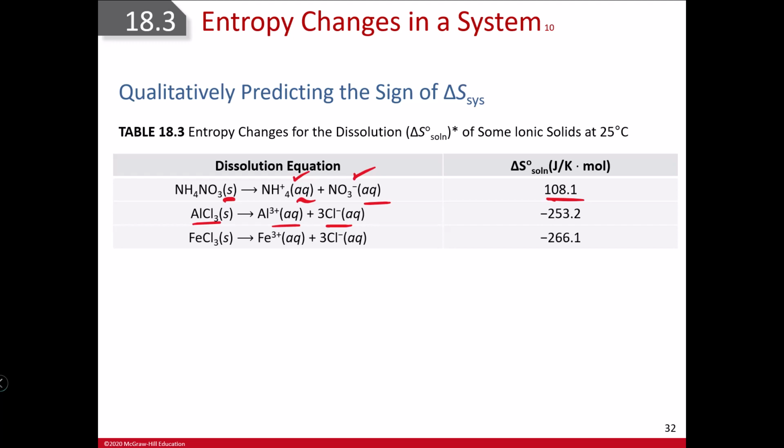But there's something else going on here. I think it's funny those are positive, but I mean, there is something else going on here. Generally, you would expect these to have positive entropy changes. Okay, because you're going from a solid to dispersed.